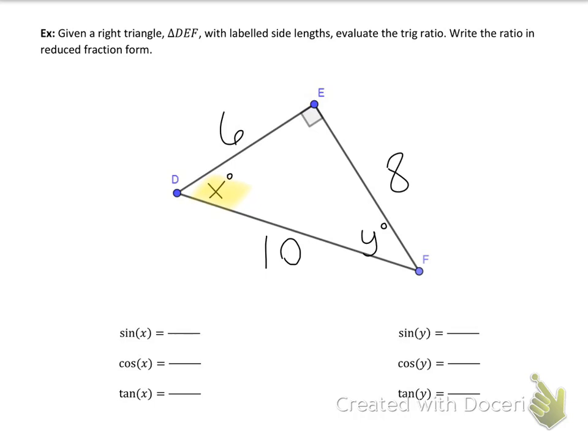The side we label opposite is opposite the angle we're considering. The adjacent side is the leg that's next to the angle we're considering. And then the hypotenuse is opposite the right angle.